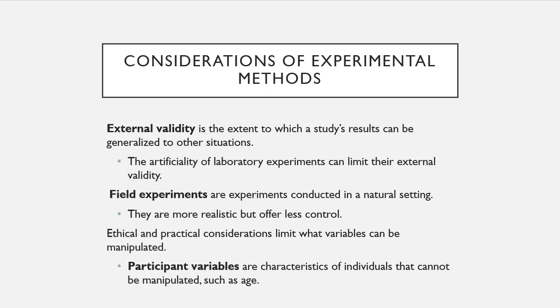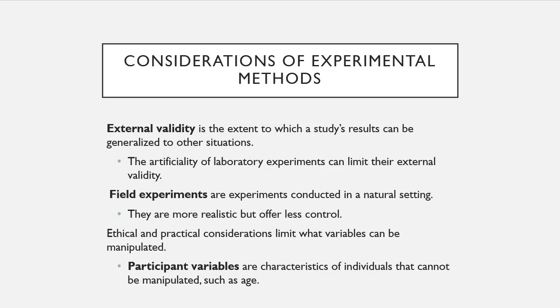So these participant variables cannot be manipulated, meaning that we're probably not going to have an experimental method if we must have a variable like age. If we want to know if there's a difference between freshmen and seniors and how much homework they do every week, we will need to do a non-experimental design because we can't randomly assign individuals to different groups because people already belong to the groups.